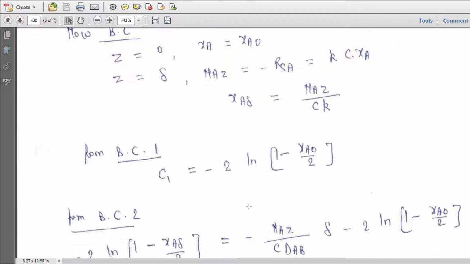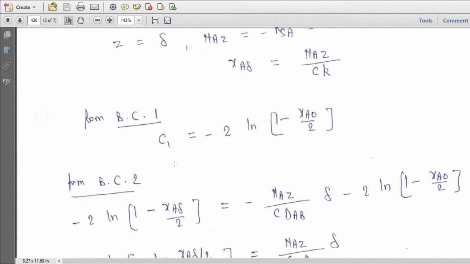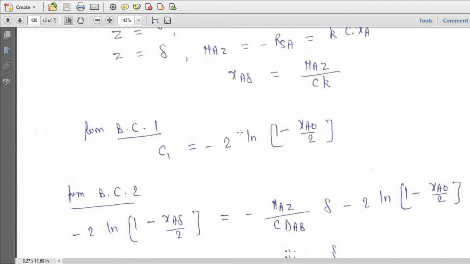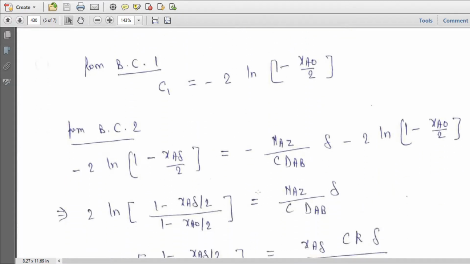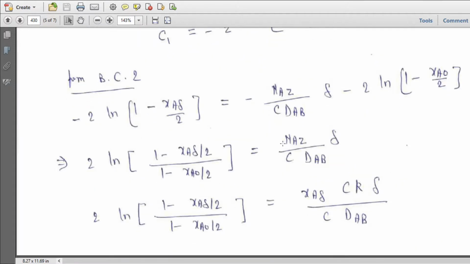Now from boundary condition 1 we get C1 equal to minus 2 ln(1 minus XA0/2). From the second boundary condition, we can substitute XA delta here: NAZ delta/(C DAB) minus 2 ln(1 minus XA/2). For that we can get the expression of NAZ from here.